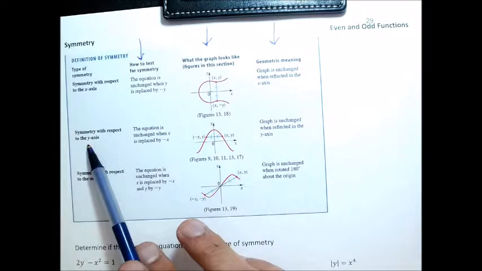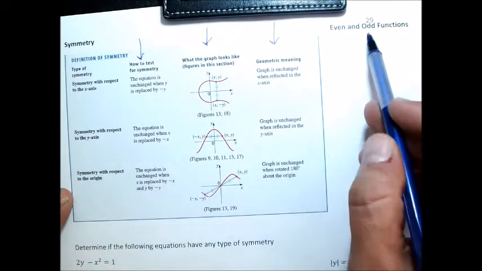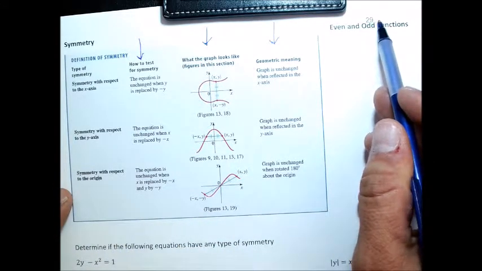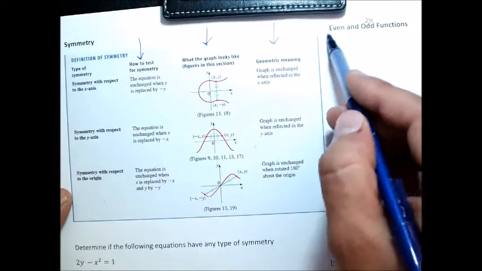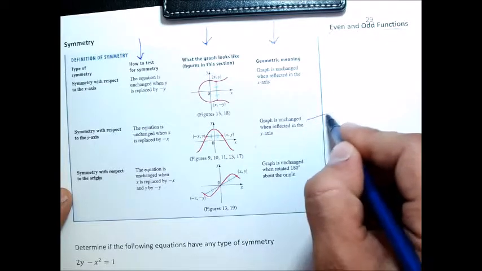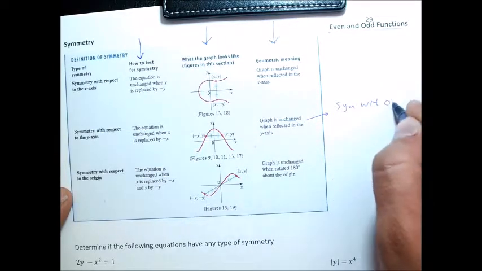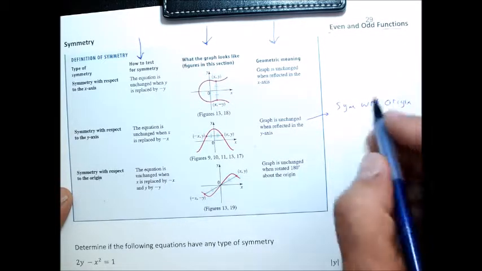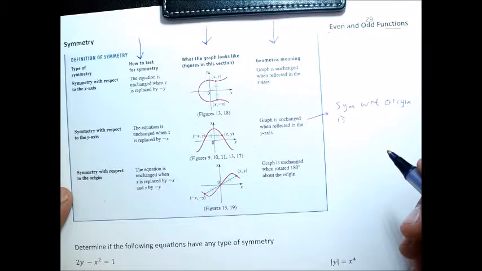Now this is also a type of symmetry, and this is known as even. So even and odd functions. I guess I wrote that down wrong.